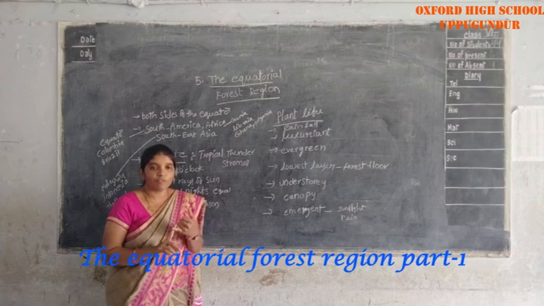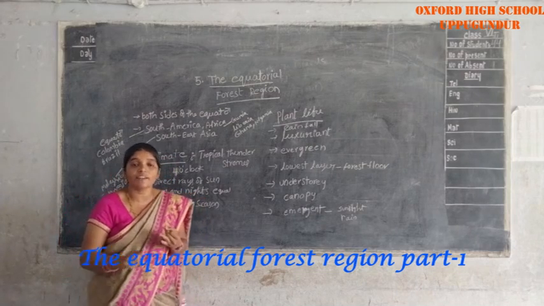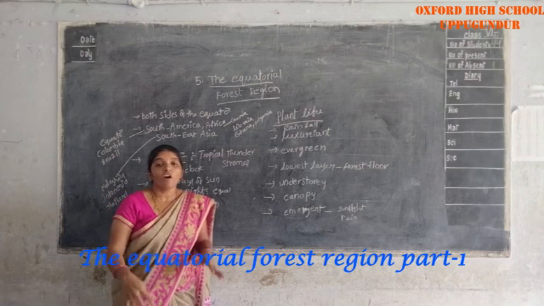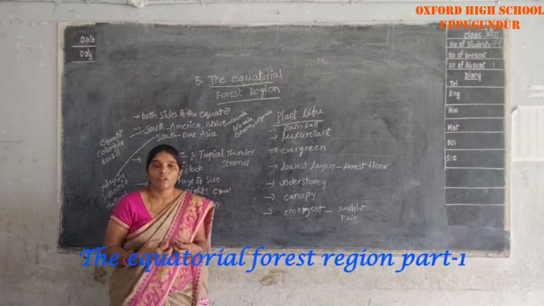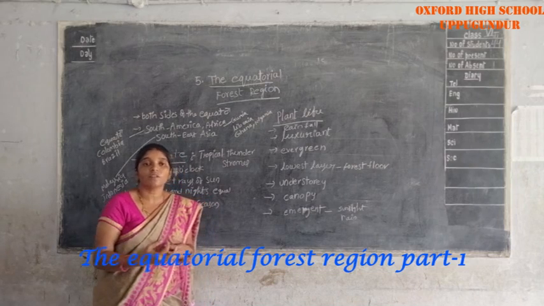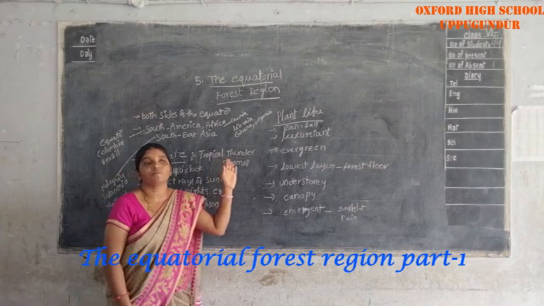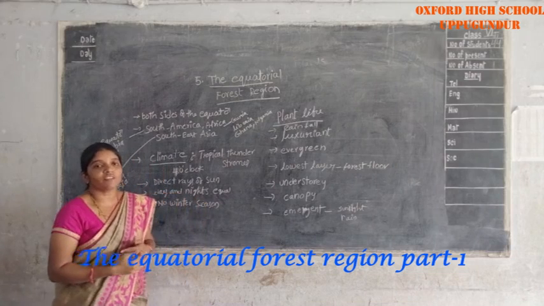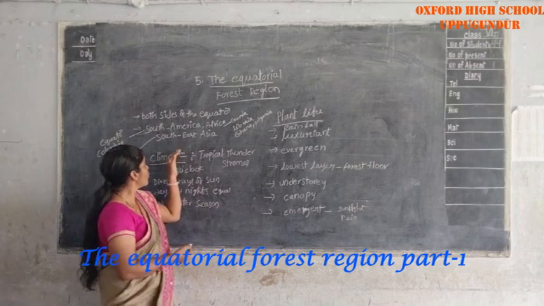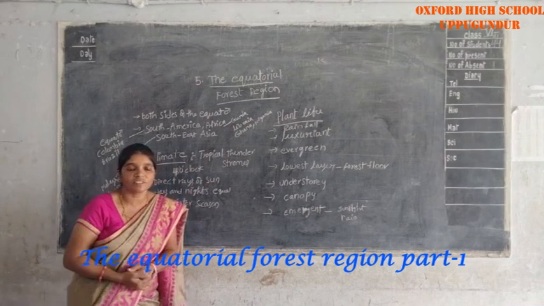Whatever the climate, plant life, human life, wildlife, all these things we should know about the equatorial forest region. First, we should know about the climate of the equatorial forest region.